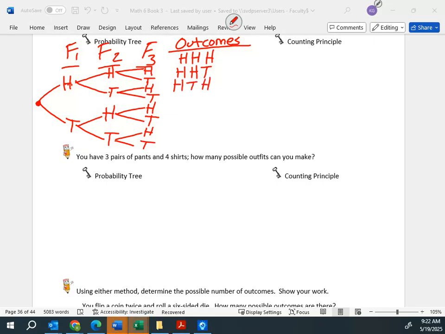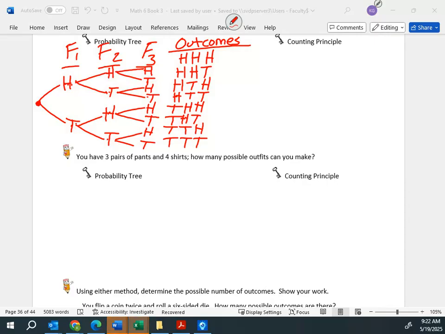We could get heads, tails, tails. Then we could get tails, heads, heads. Tails, heads, tails. Tails, tails, heads. And tails, tails, tails. So those are all the possible outcomes we could get.